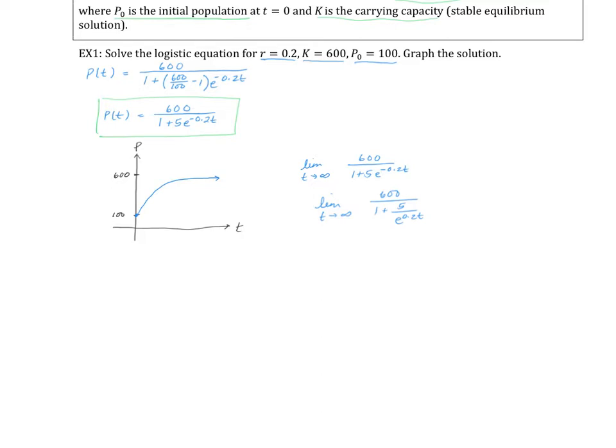And now since the denominator is going to keep growing and growing, this fraction is going to approach 0. So the limit as t goes to infinity will just be 600, our carrying capacity.